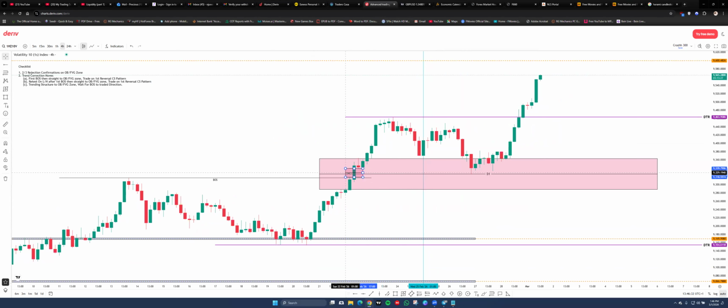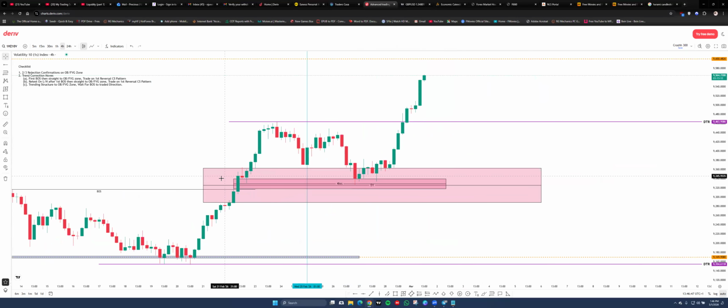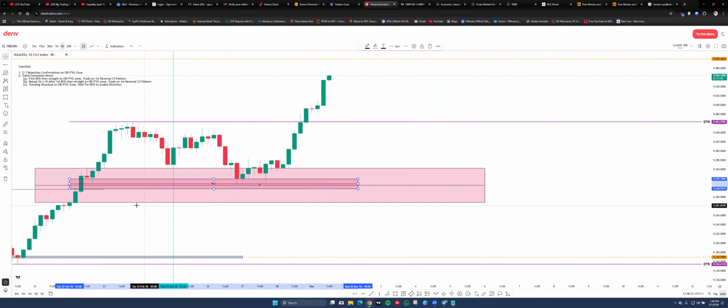This is another fair value gap, but this is for a 4 hours time frame. So when you look at something like this, let me scrutinize this thing.